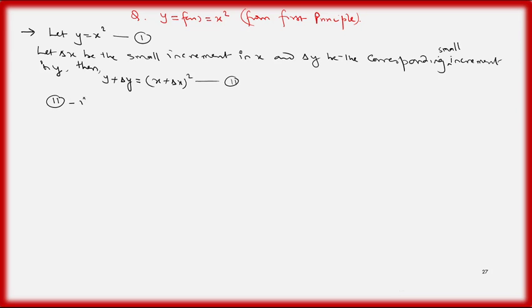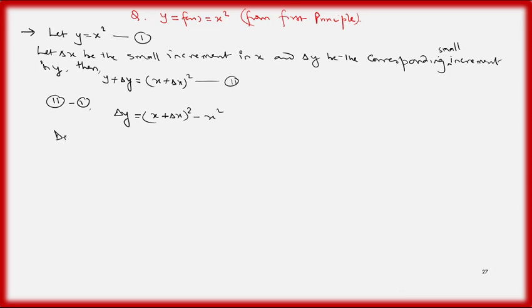Then second equation minus first equation. Now we can find del y equal to x plus del x whole square minus x square, because y can be cancelled.